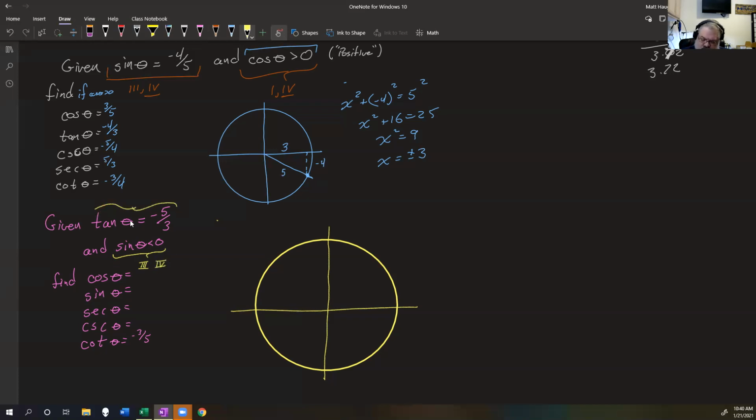Where's the tangent negative? You're right that the tangent is negative in quadrant 2, but where else is the tangent negative? Quadrant 4. So we have to be down here in 4. Does that make sense?